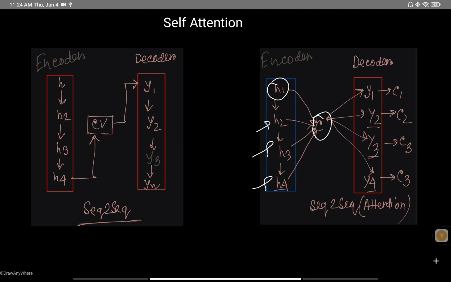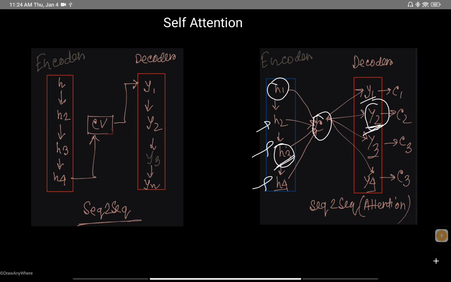For example, when we are translating from one language to another, for a particular token like y2, if that has more emphasis on the hidden state associated with h3, the attention score will be higher for h3 for y2, right?